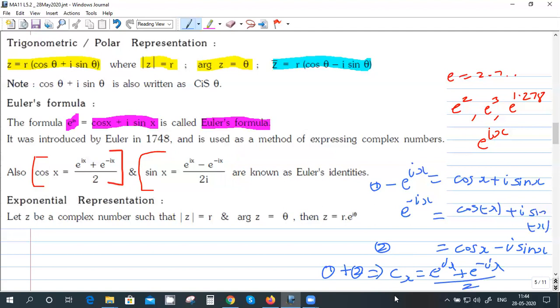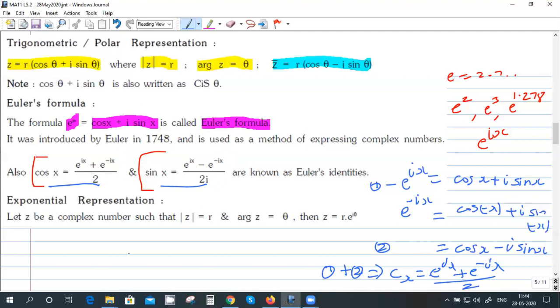Is that clear? Yes, sir. Similarly, you get sin x as e raised to the power ix minus e raised to the power minus ix, divided by 2i. So these two relations you will get.